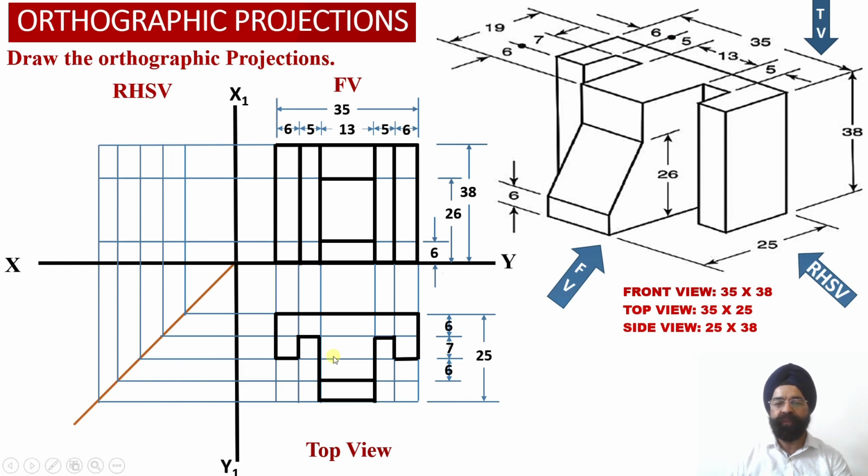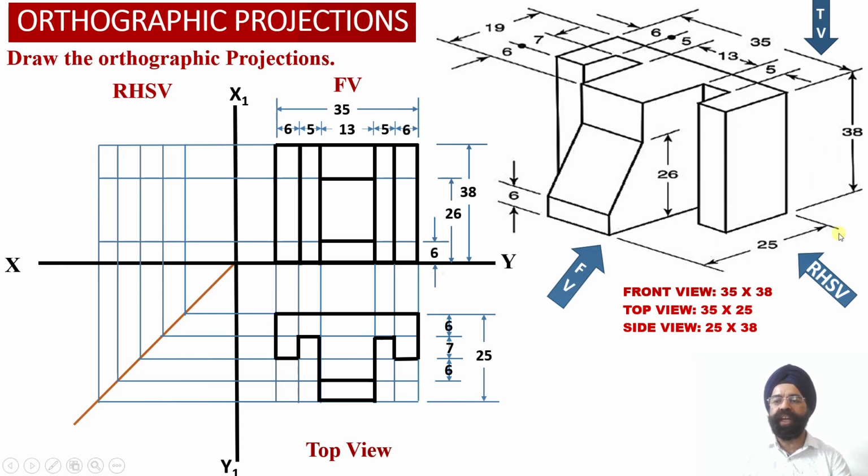Whereas this T-shaped projection, which we obtain in the top view, is a true shape projection onto the horizontal plane. So this way we have obtained the top view projections corresponding to this engineering object.